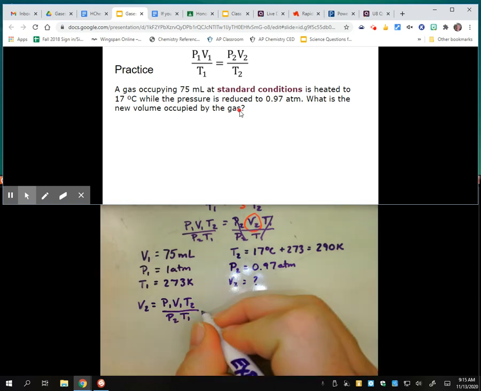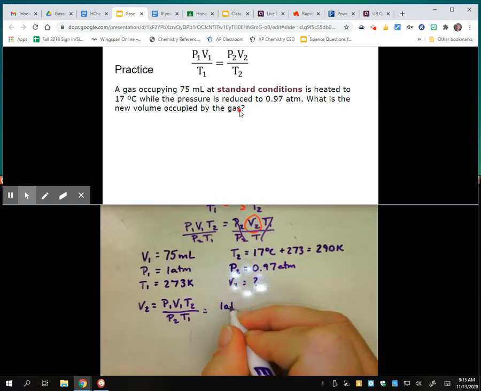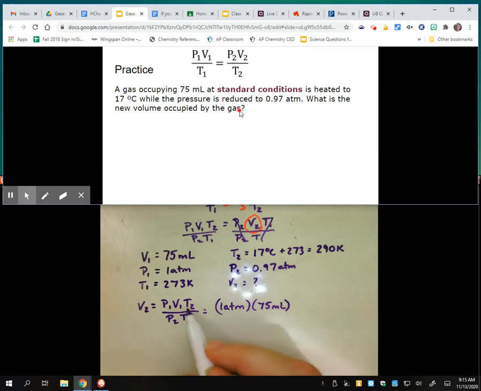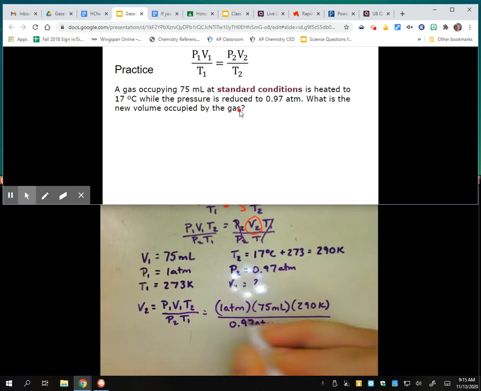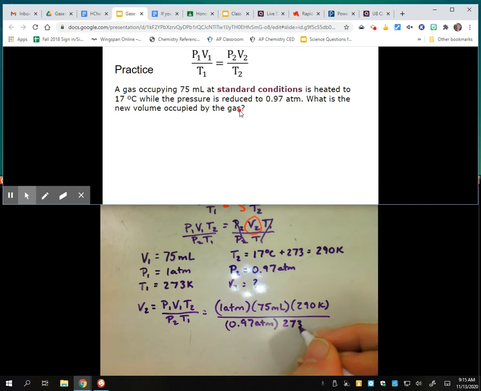All right, so P1 is 1 atmosphere. V1 is 75 milliliters. T2 is 290 Kelvin over P2, 0.97 atm, times T1, which is 273.